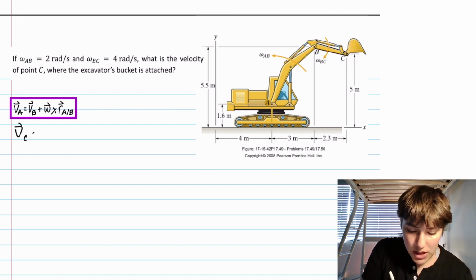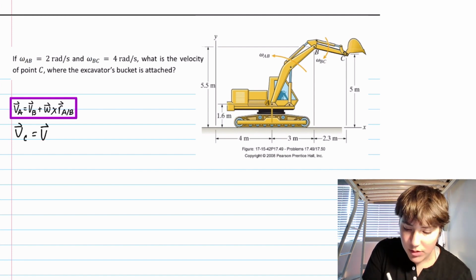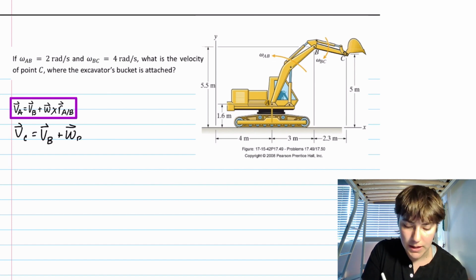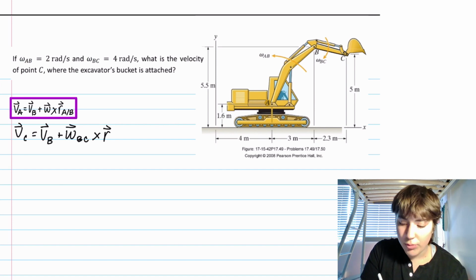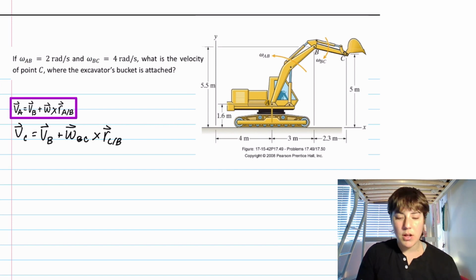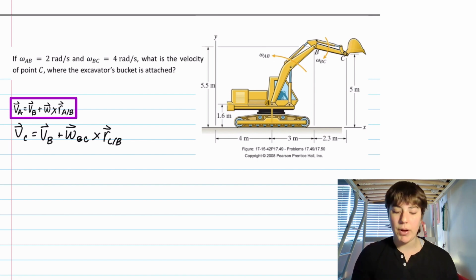The velocity of C equals the velocity of B plus the angular velocity of this rigid body, so BC, crossed with the position vector from B to C. So that's written like this. It's important that we know it's from B to C, because if we go from C to B, it's going to give us a different value, because vectors have a direction and signs to their components.